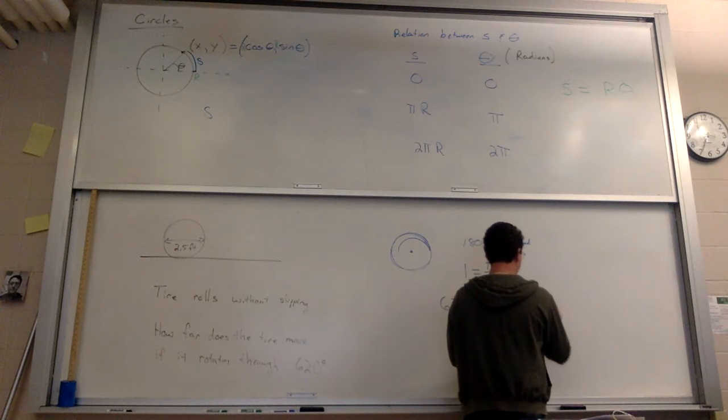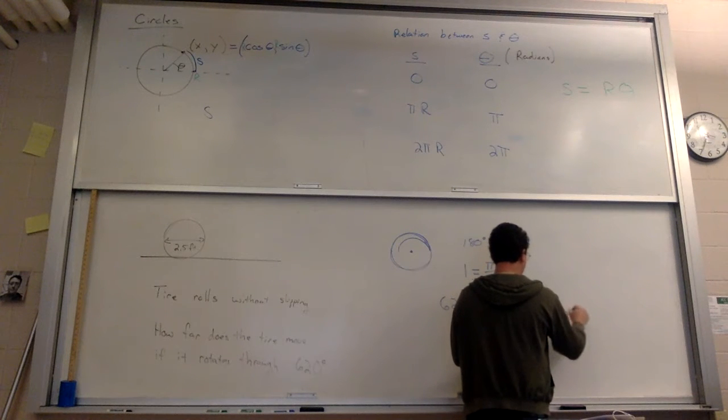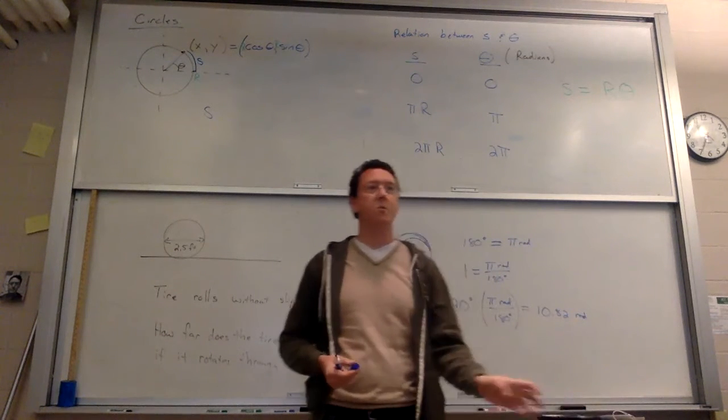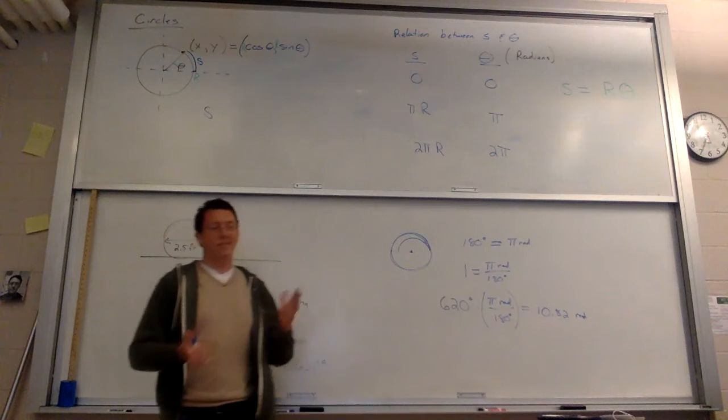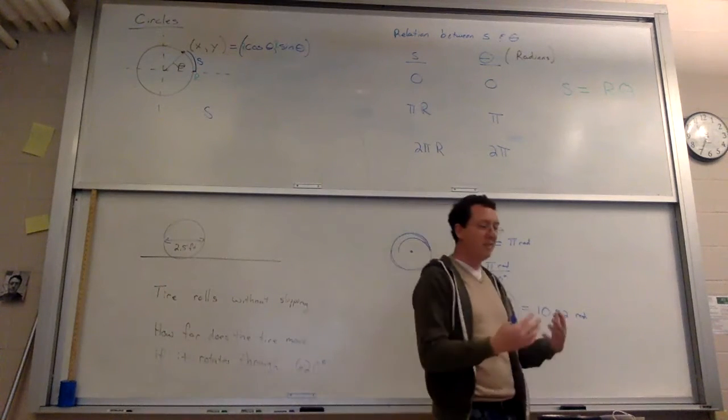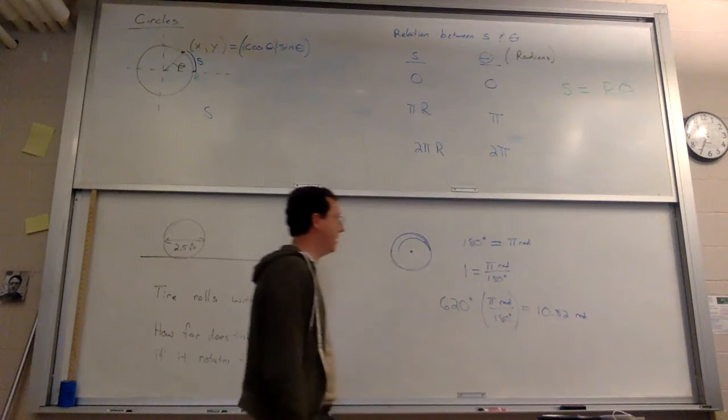0.82 radians. I usually write rad just to remind myself. All the radians, again, I emphasize, radians really are kind of a fake unit.